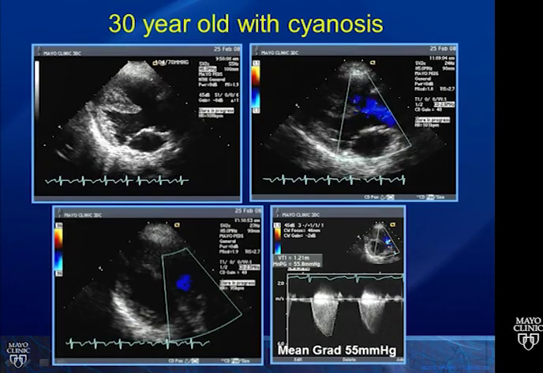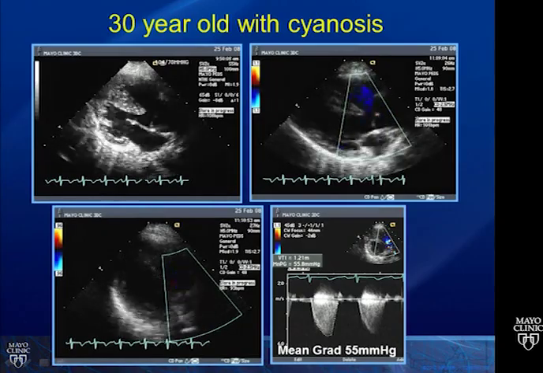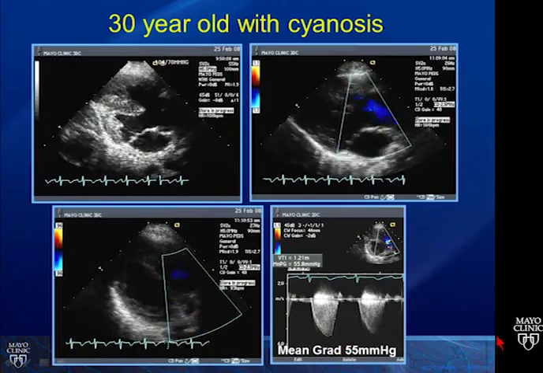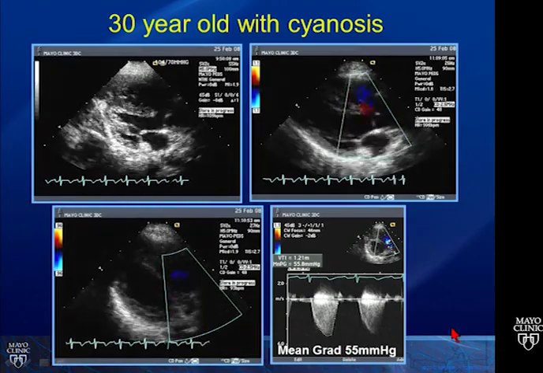All right, case 20 is a 30-year-old with cyanosis, so another congenital case for you. I don't think I'm giving too much away with that.